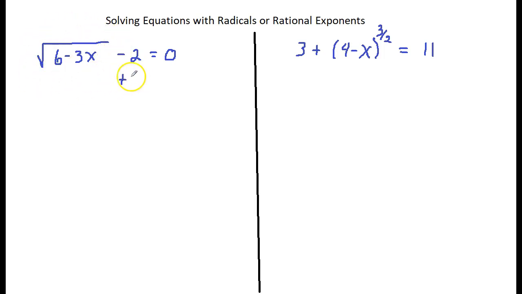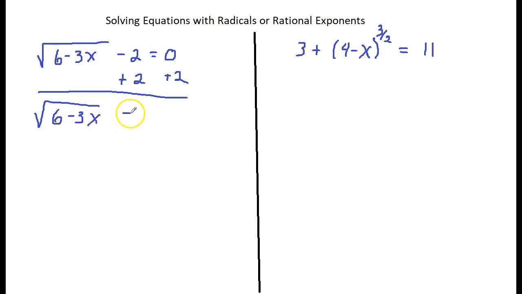So we have to add 2 to each side. So I have square root of 6 minus 3x equals 0 plus 2 is 2. Now, to undo a square root, we're going to square both sides.